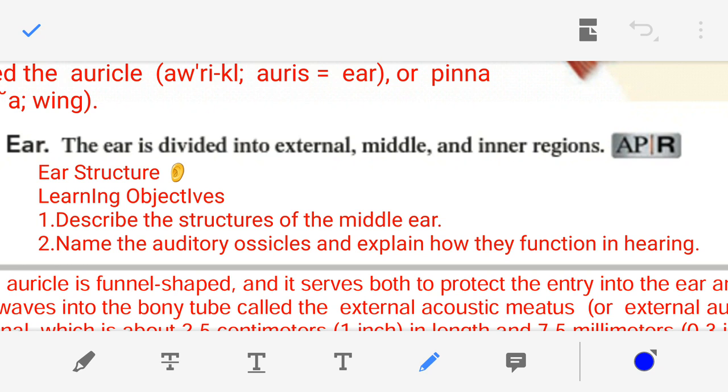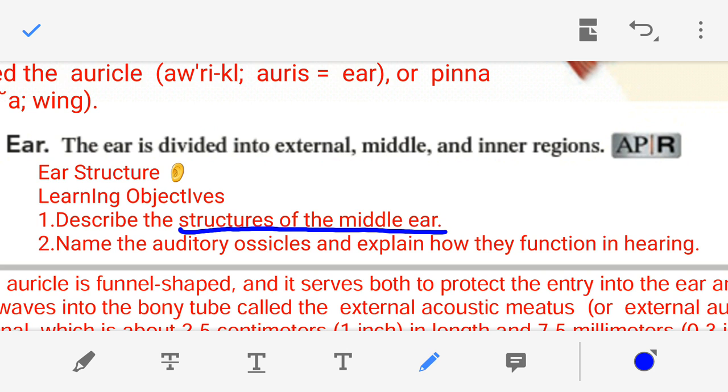Now, in this lecture, we are going to discuss the structures of the middle ear, the components of the middle ear, what the middle ear is made up of.